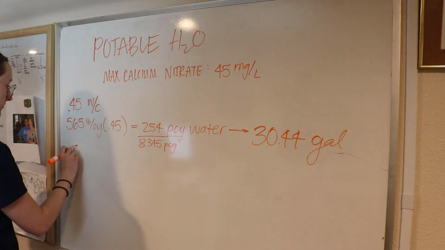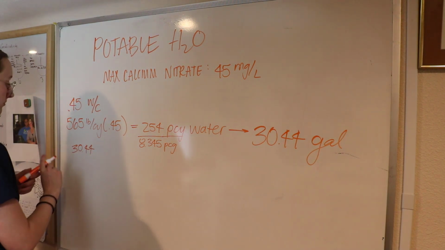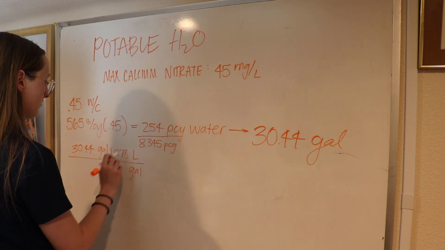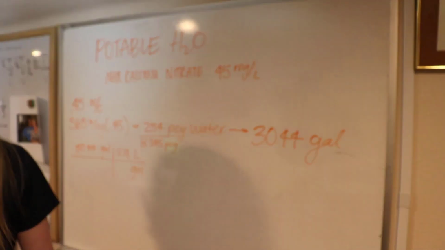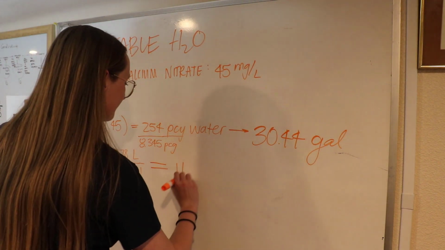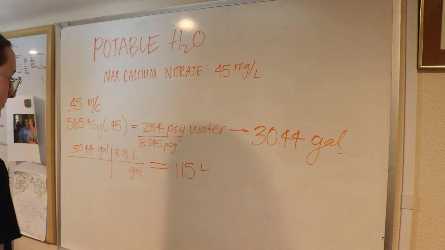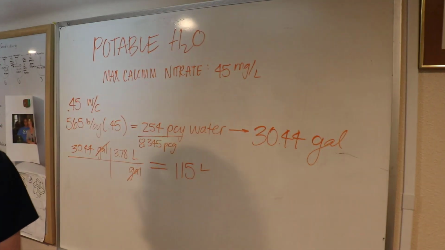30.44 gallons. Now converting gallons, 3.78 liters per gallon, so 30.4 gives us 115 liters. And again, remember, we're still in cubic yards here, so a little bit weird.